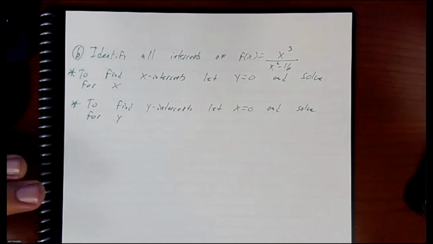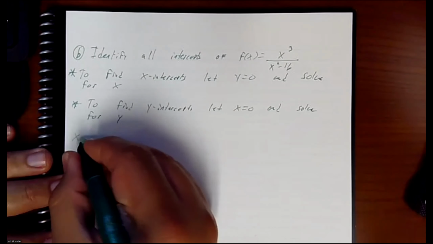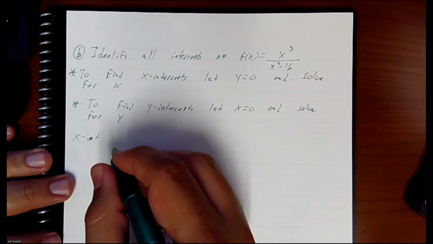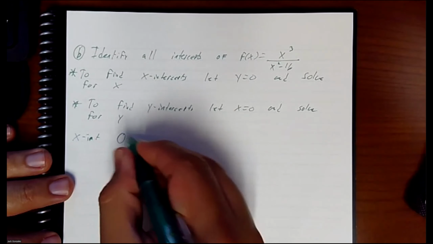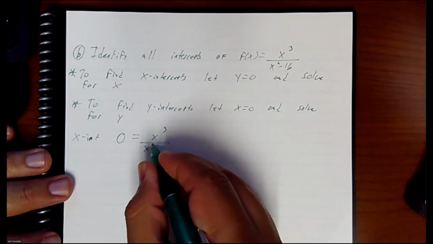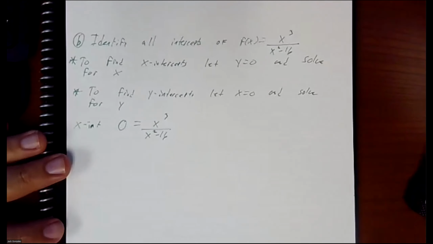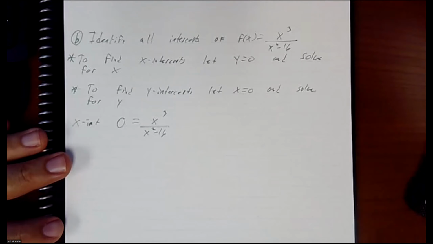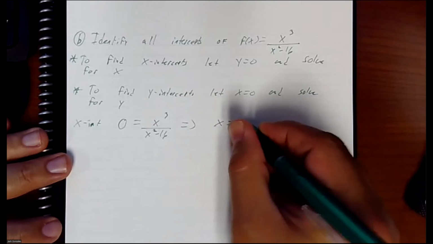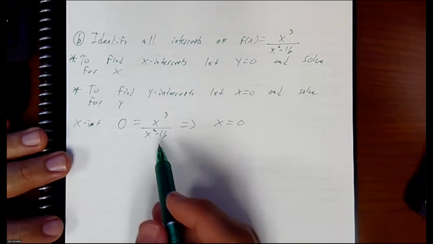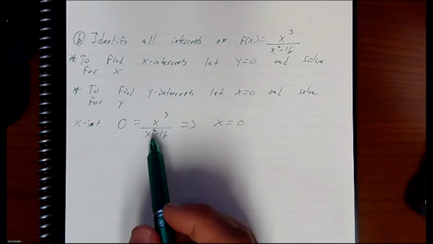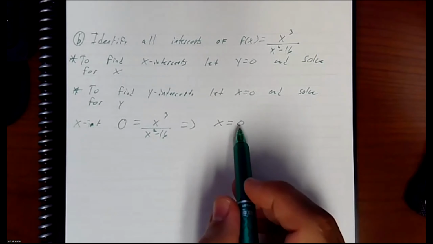Same thing, right? So let's do the x-intercept first. Set this equal to 0. The only way this would be equal to 0 is if x is equal to 0. The denominator won't do anything for you. If x is 0, then 0 divided by anything is 0, so it has to be 0.